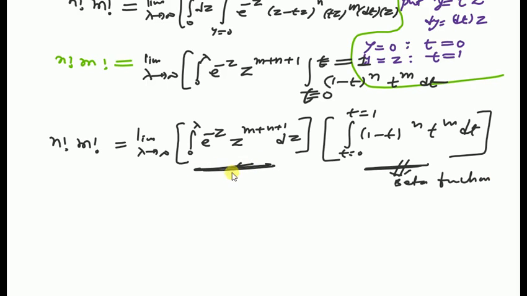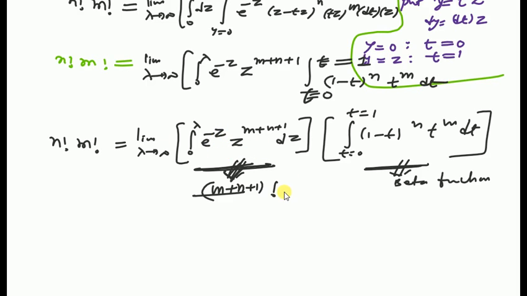This integral will be evaluated as usual. So e power minus z into z power m plus n. When we integrate this, I said many times that this type of integral can be calculated with lambda equal to infinity. This integration I'll get as m plus n plus 1 factorial. Many times I said e power minus f of x into the differentiation of that will be there.